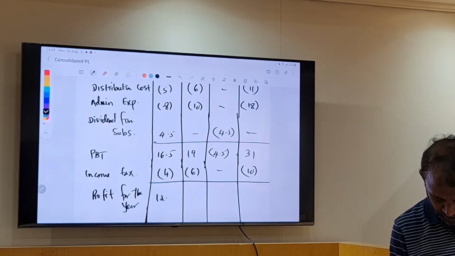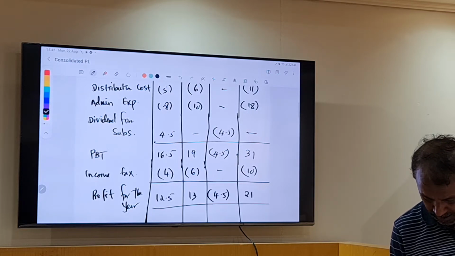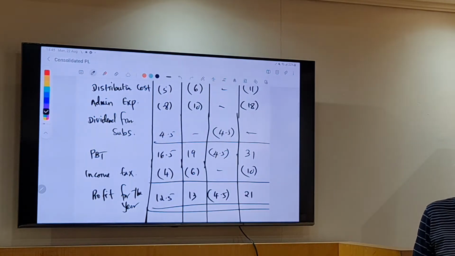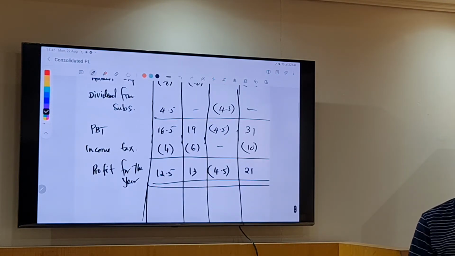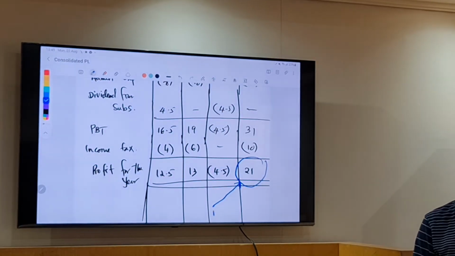This is 12.5 and this is 13, 4.5 minus, and this is 21. Correct? Now this answer, we call it total profit.